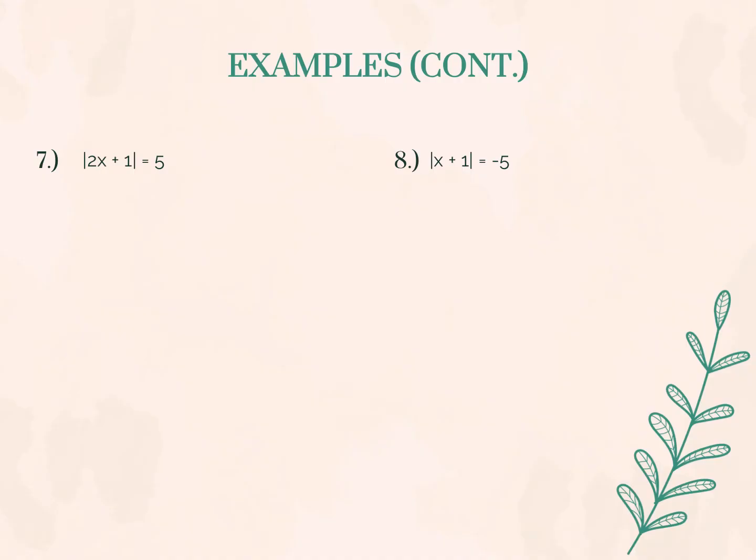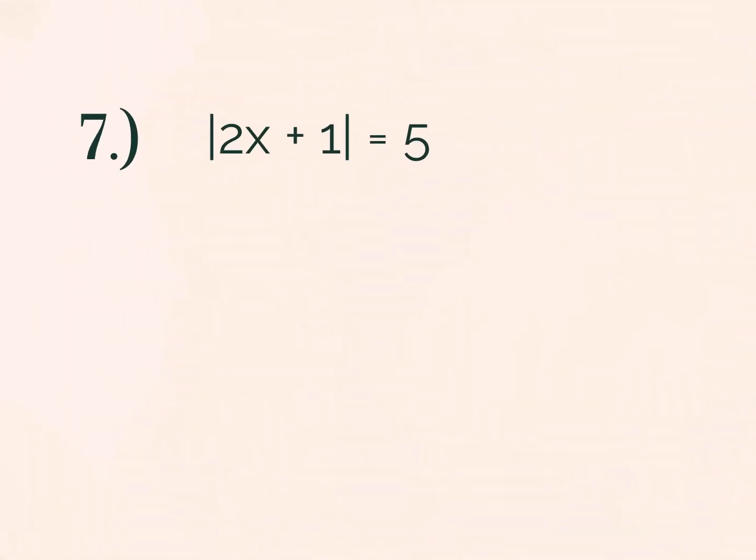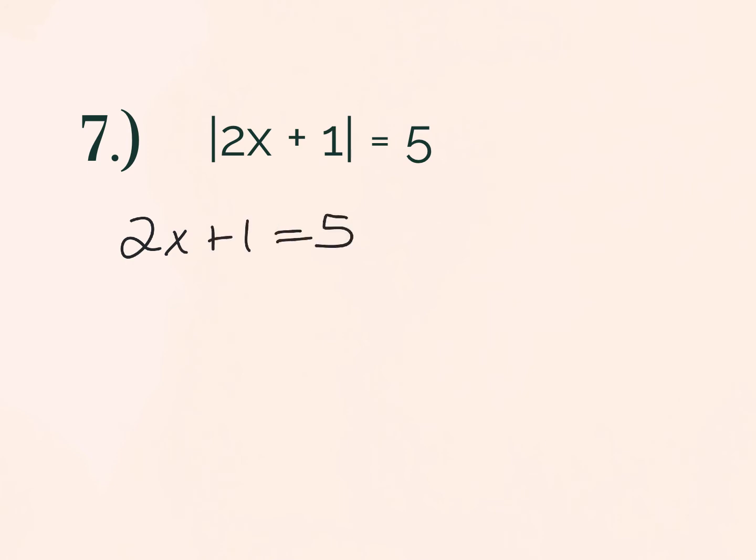So for the first one, step 1, remember, isolate first. It's already isolated. So now what I do is I make my two cases or my two problems. I drop the bars. I set 1 equal to just how it is without the bars. And then the second case I'm going to solve is I'm going to set it equal to the opposite sign.